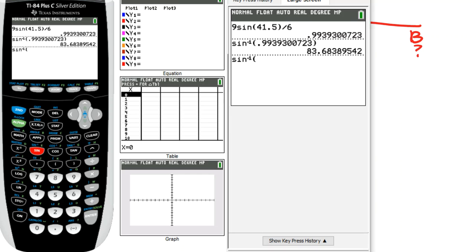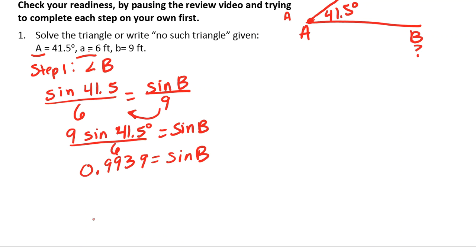And I already have that value, and here it was 2 steps ago, so I use the up arrow until I get it highlighted. So that's quicker than having to retype it. If I just use the up arrow to highlight it, hit the enter key, it will pop it right into my new line there. And I close the parenthesis, and there's our angle B, 83.7.